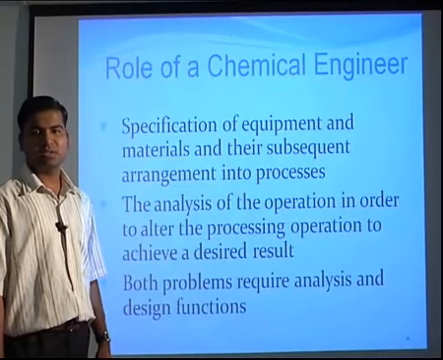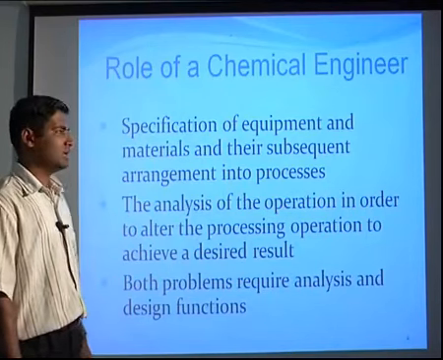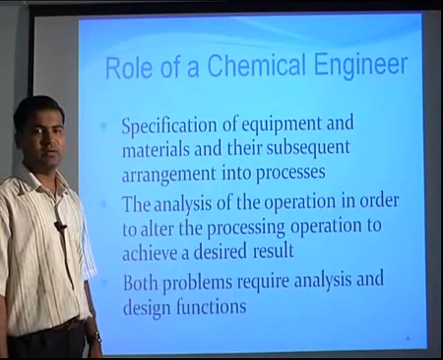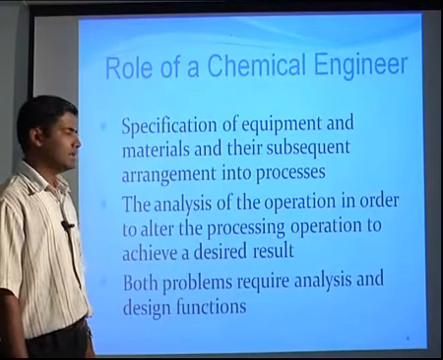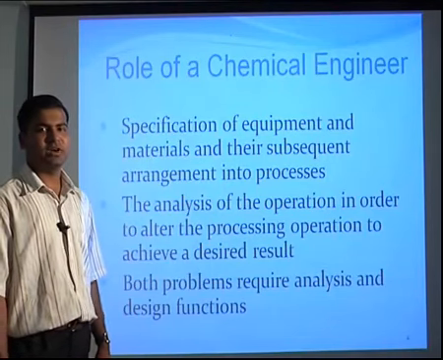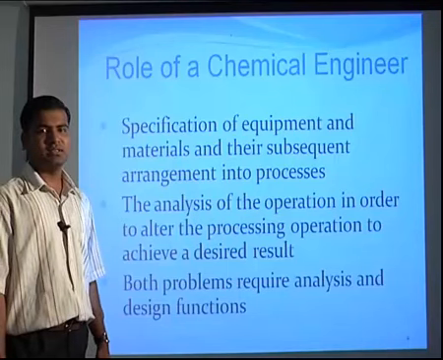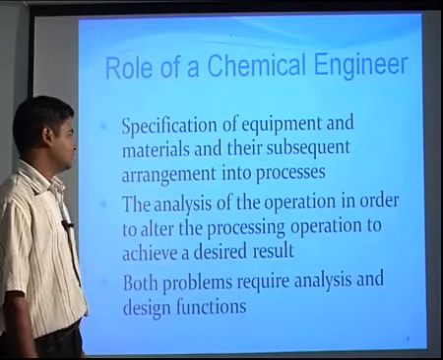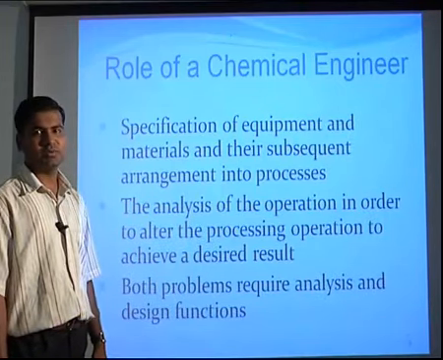Also he has to give the specification of the equipment and materials. The job is to optimize the process in order to have more output, or the desired output. Lastly, it's nothing but a permutation and combination of unit processes and unit operations. A chemical engineer will always try to achieve yield equal to conversion. For that he has to specify all the things and optimize the process conditions.